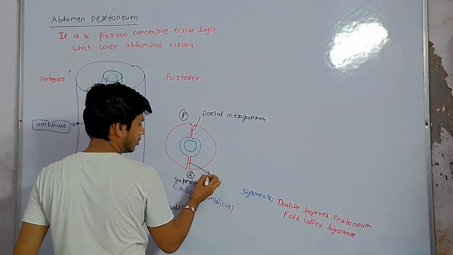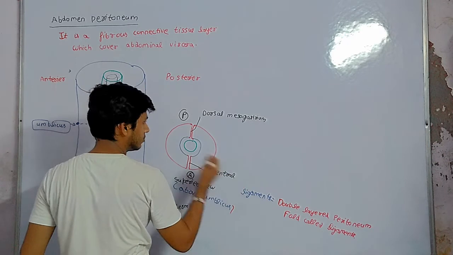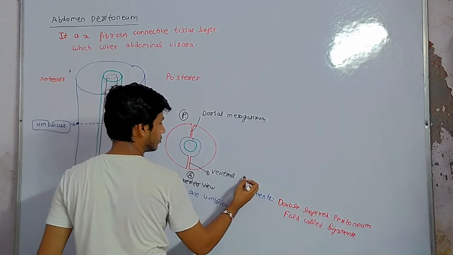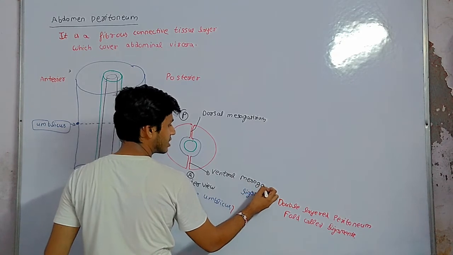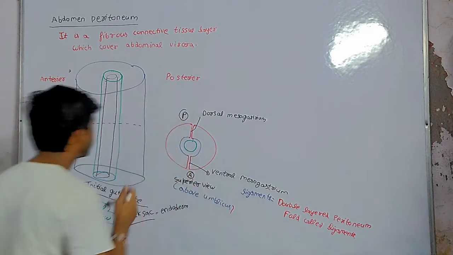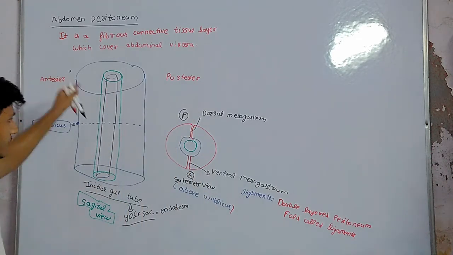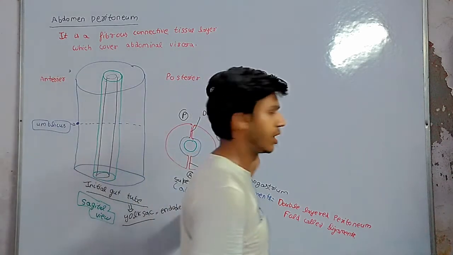And this is called ventral mesogastrium. So above the umbilicus we have both folds, ventral mesogastrium and dorsal mesogastrium.